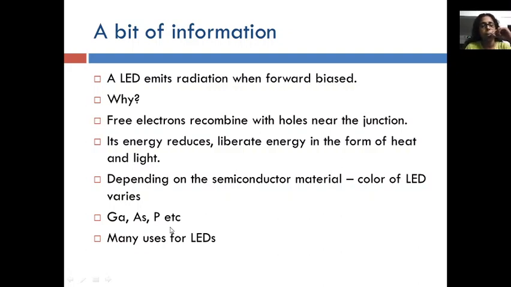And there are many applications for LEDs, ranging from testing instruments to displays, etc.